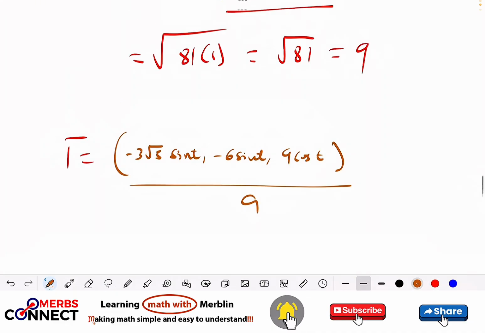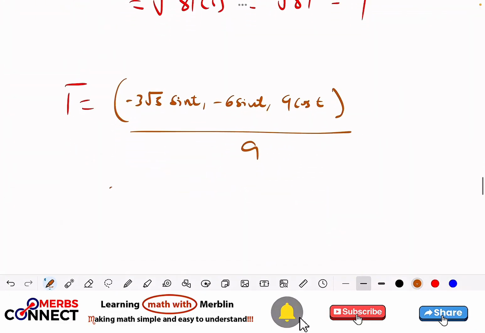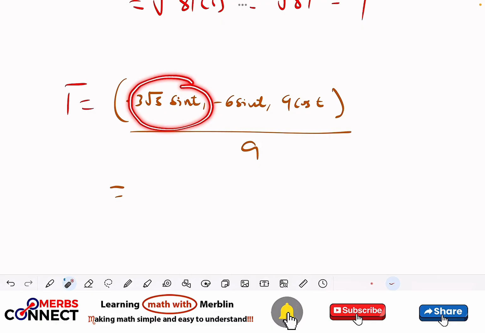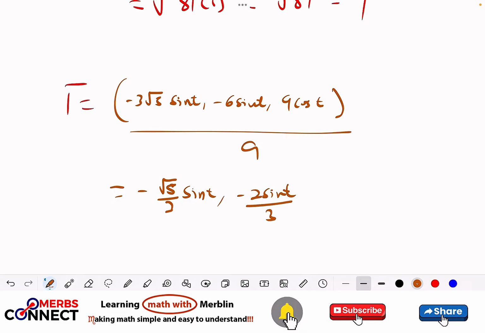So let's see how the solution looks like. They simplify that. So divide this one by 9 and have minus square root of 5 divided by 3 sine t, divide this one by 9 and have minus 2 sine t divided by 3, and this one is just going to be cos t.